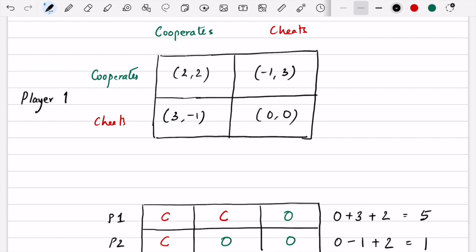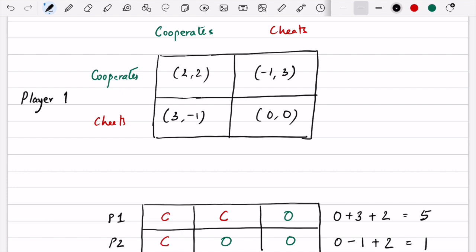Now this is interesting, right? You might think, oh, player 1 has gained so much more, they've gained 5 and player 2 has just gained 1 point. Even though player 2 did arguably, or quote unquote, the better thing, which is to cooperate. Maybe they should not have done that, you might think.